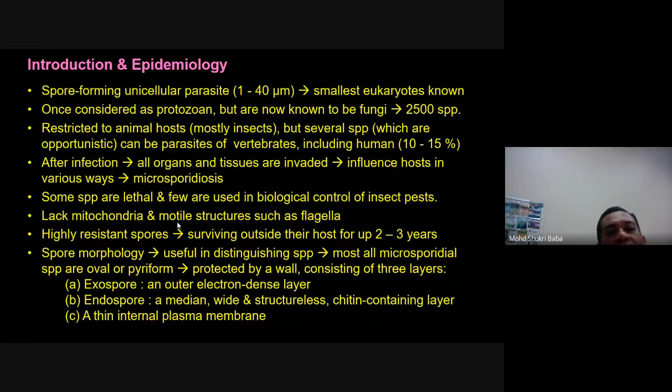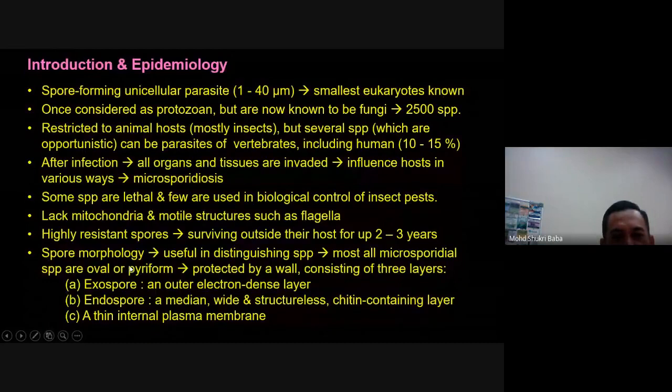So ingat the spore of microsporidia, dalam banyak-banyak spesies ni, 2,500 spesies ni, spore dia tu tak kira spesies apa, mesti mengandungi 3 layers ini. Alright. So spore morphology ni kita digunakan untuk kita jadikan dia sebagai aset untuk kita nak distinguish the species lah.